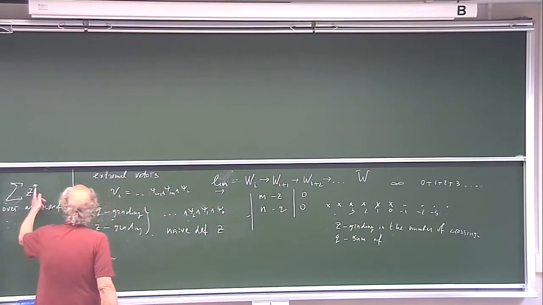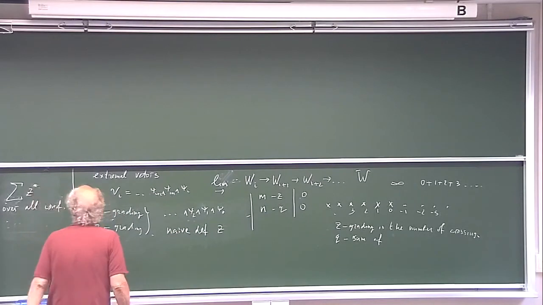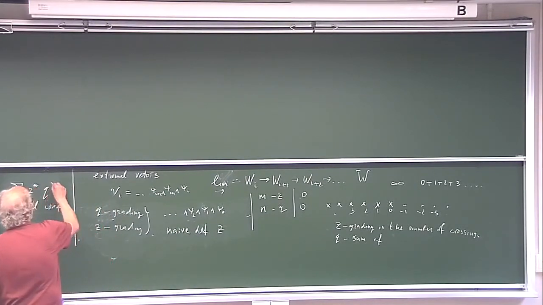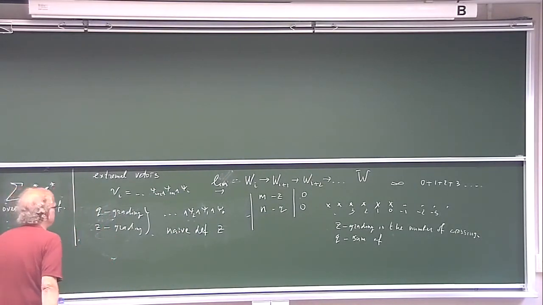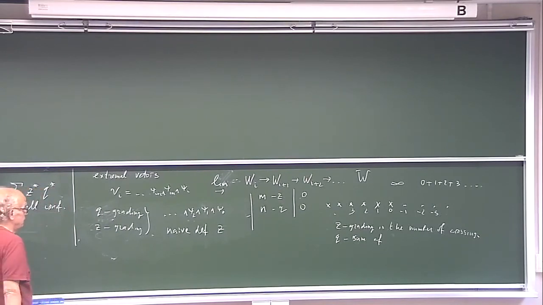So here it is a relative grading, and Q is also a relative grading, and it gives us a character.